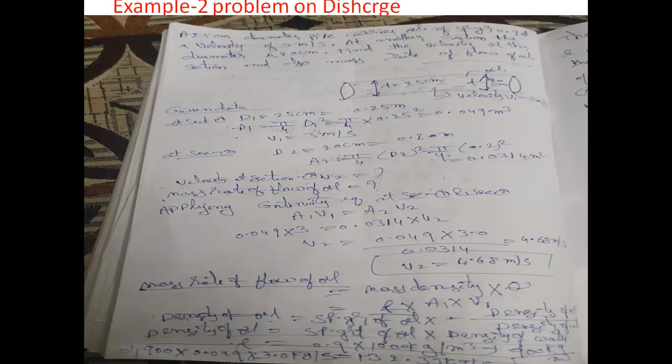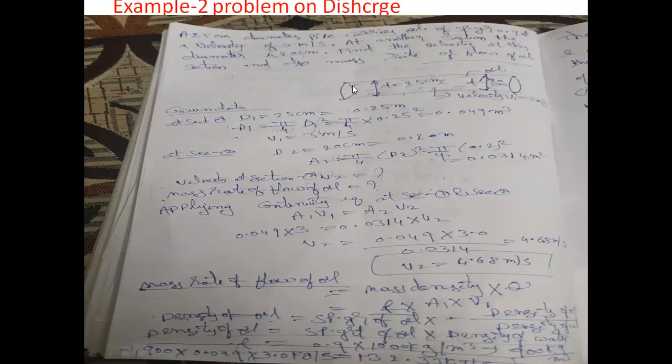In this problem, a 25 centimeter diameter pipe carries oil of specific gravity 0.9 at a velocity of 3 meters per second. At another section, the diameter is 20 centimeters. Find the velocity at this section and also the mass rate of flow of fluid.